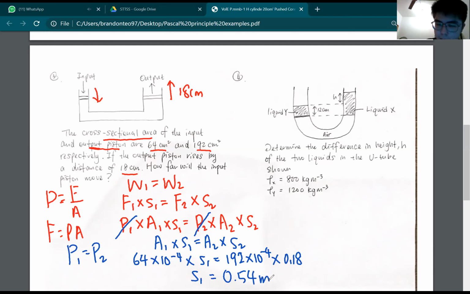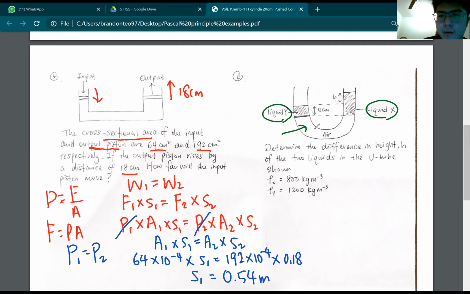OK 吗？有问题记得 stop 我啊。OK，我们看第四题。Okay, here you have a U-tube diagram, and then between you have two different liquids, liquid Y and liquid X. Okay, and then you can see that they are balanced by the A between them.